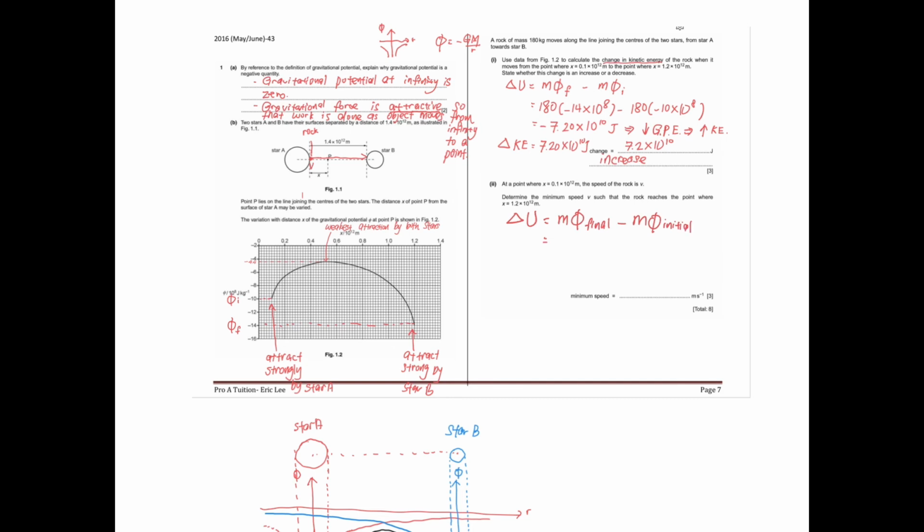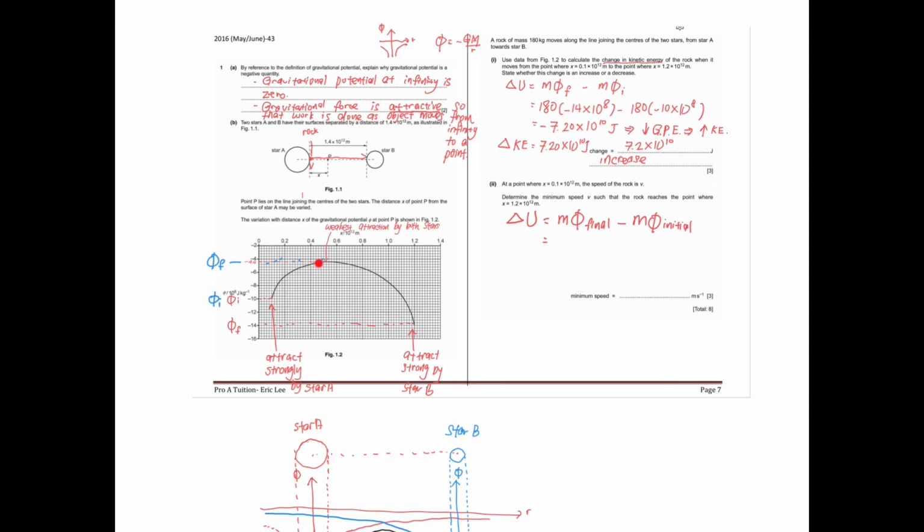This time, I'm going to use blue color. Our m phi initial is here, and our m phi final is here. As you can see in blue color, m phi initial, m phi final.